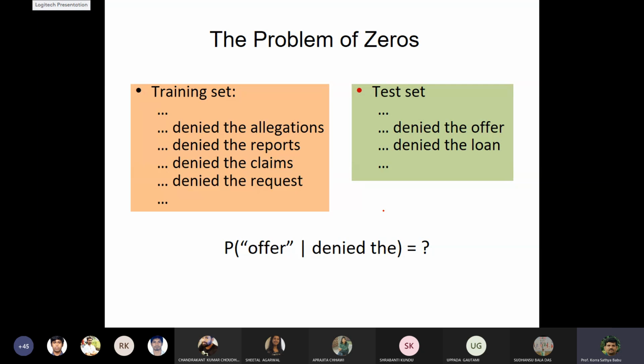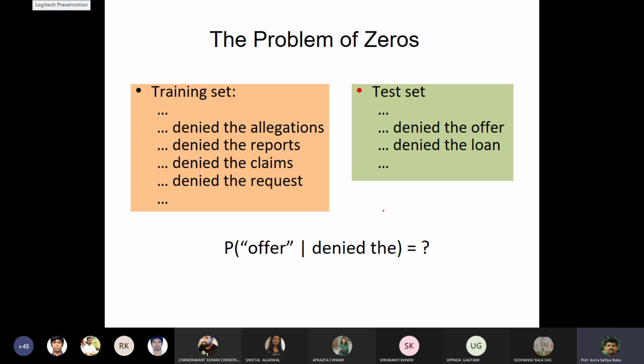So what is the probability of offer given denied the, for this trigram? It was not available in the training set, so definitely it will be 0. But it needs to be handled properly, because allegation, report, claim, request will all have some probability, but offer has no probability, because there is no word available there.